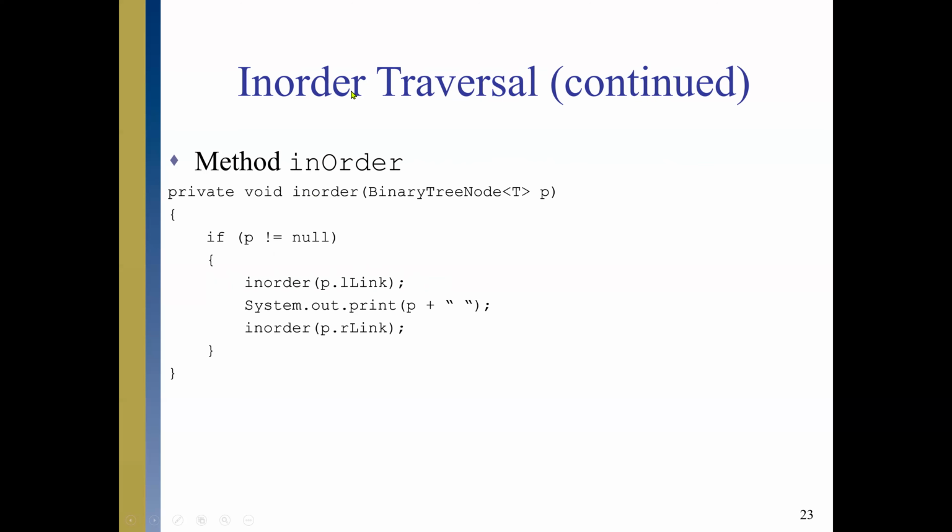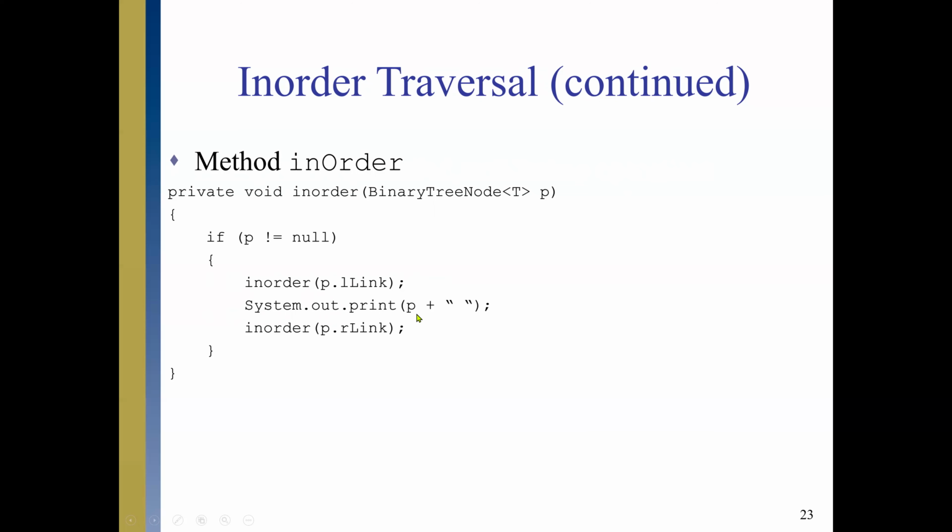So first, we have to visit the P.left link. So we have to go through the left subtree. You can see that we are doing recursion here, again in order, because we may have more than one node in the left subtree. So we visit the left subtree, then we go to the root.